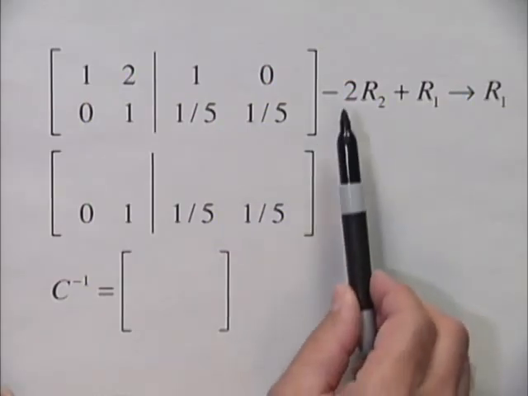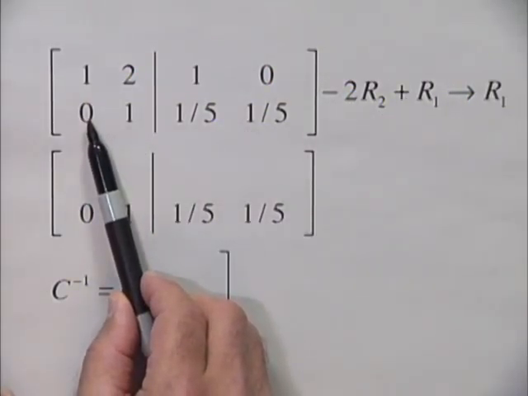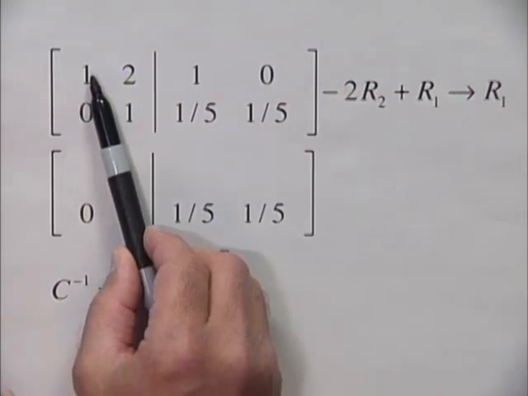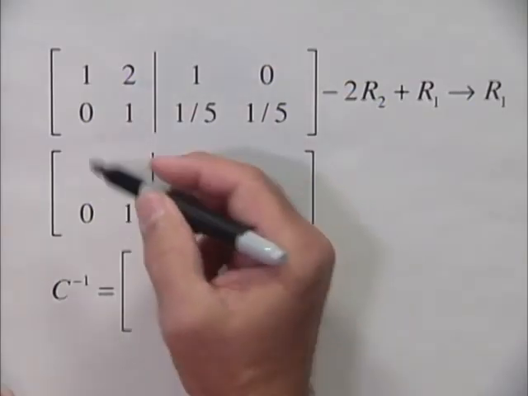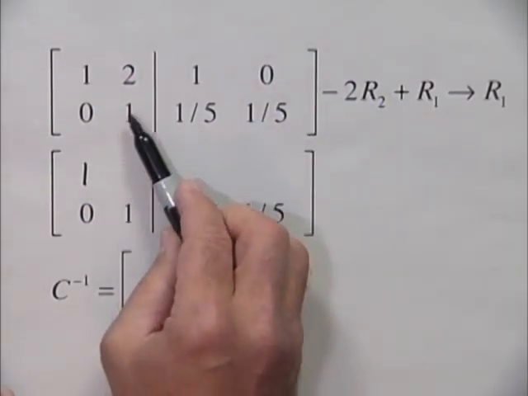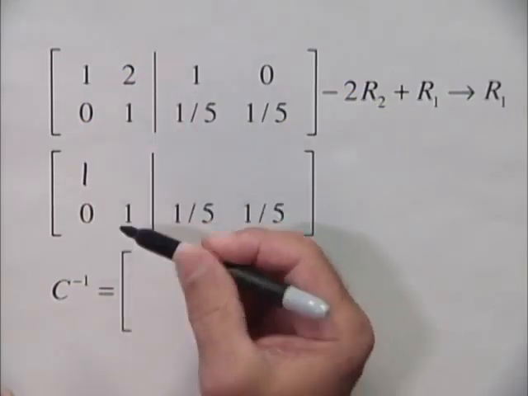So let's begin. Negative 2 times row 2. Negative 2 times 0 plus 1 would be, of course, negative 2 times 0 is 0, plus 1 is 1. Negative 2 times 1 is negative 2, plus 2 is 0.